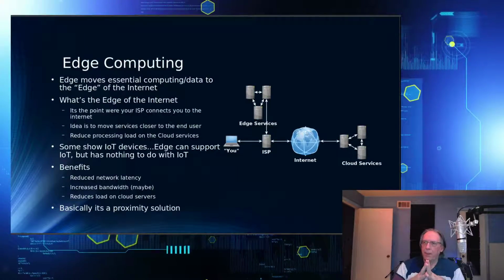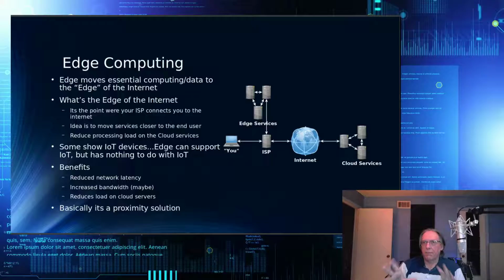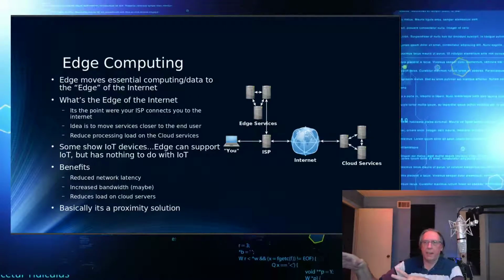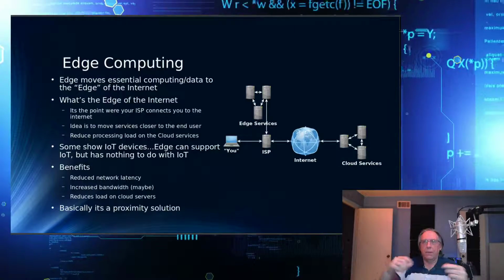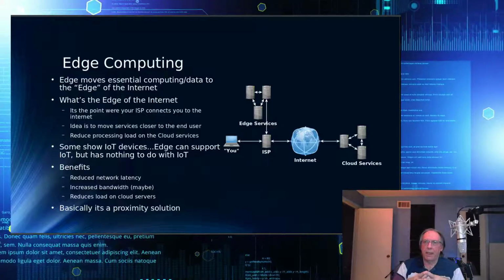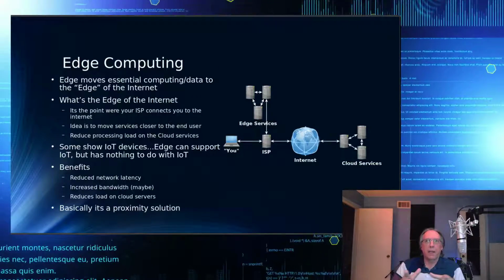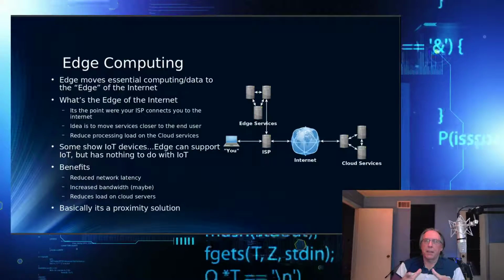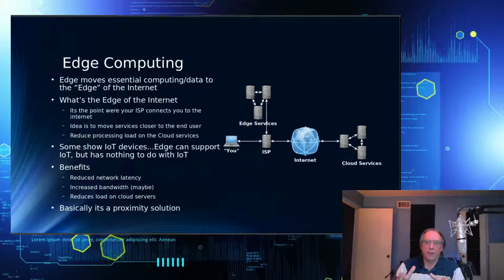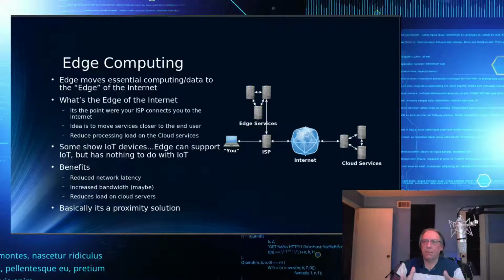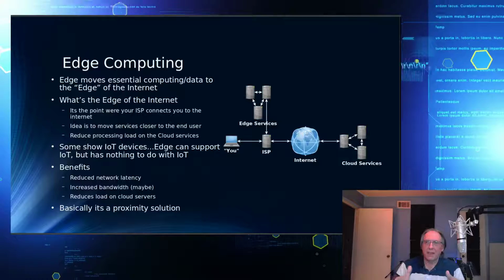So edge computing basically is moving the essential computing and data from the centralized cloud to some front end. And right now that is occurring at the ISPs. If you've done a ping on Google, for example, on Google.com, you'll probably notice that your answer is coming back from someplace that's local to your city.